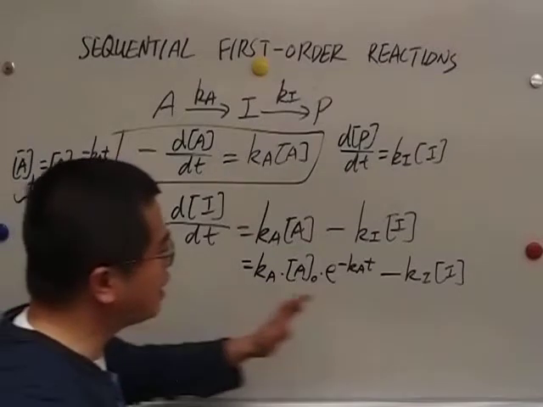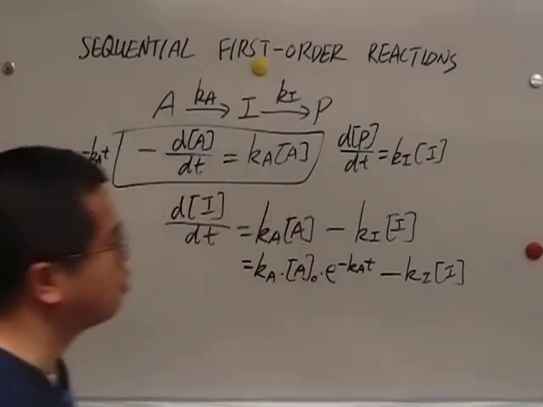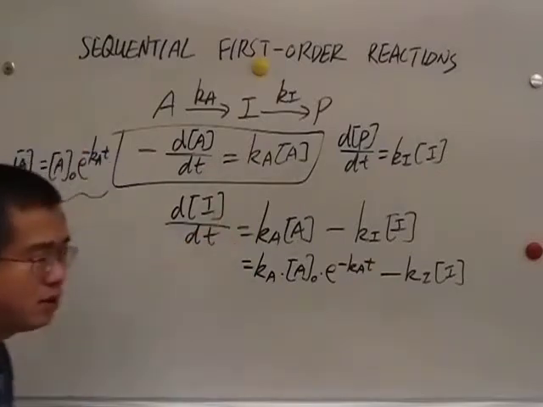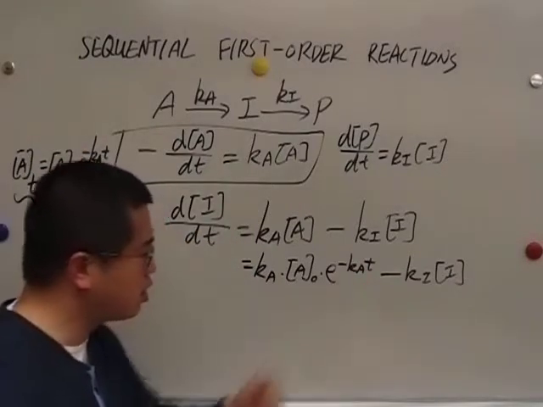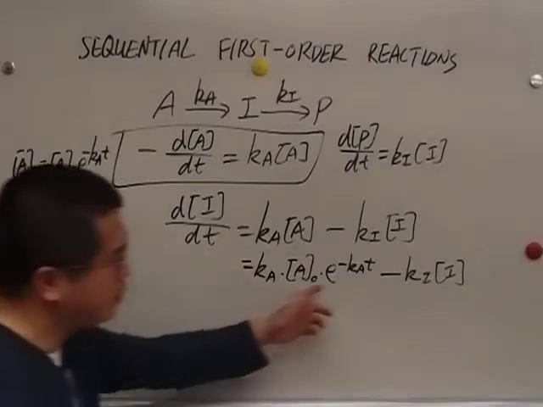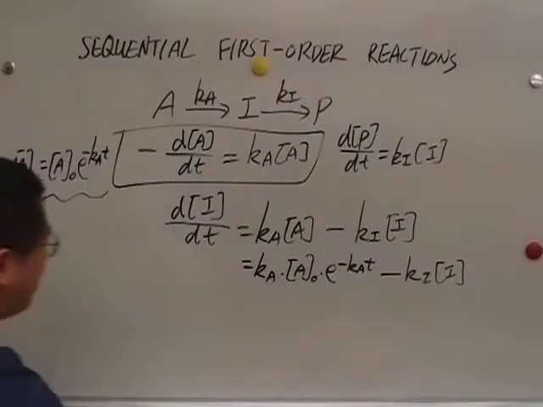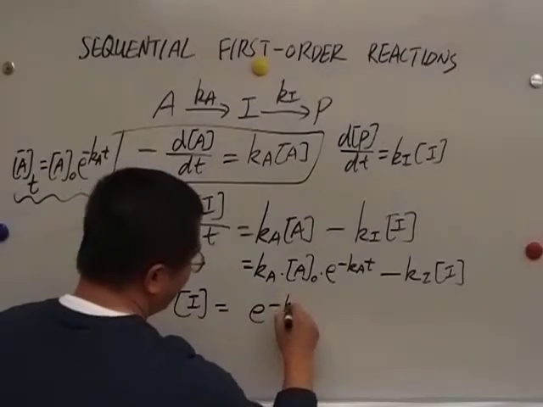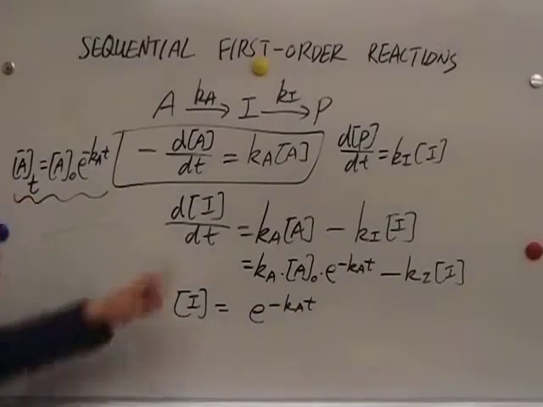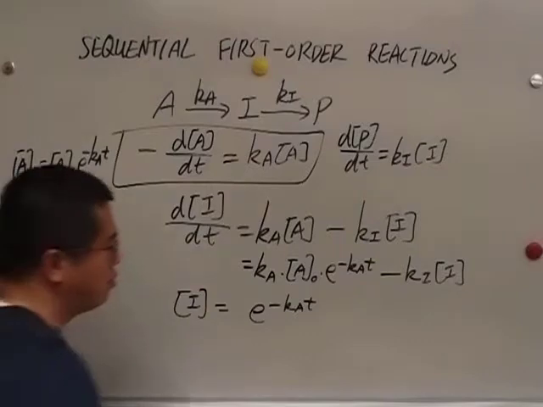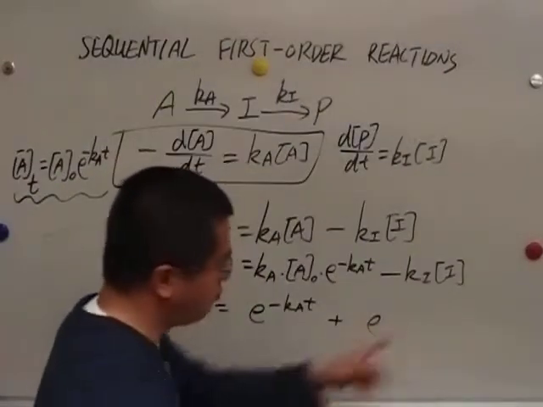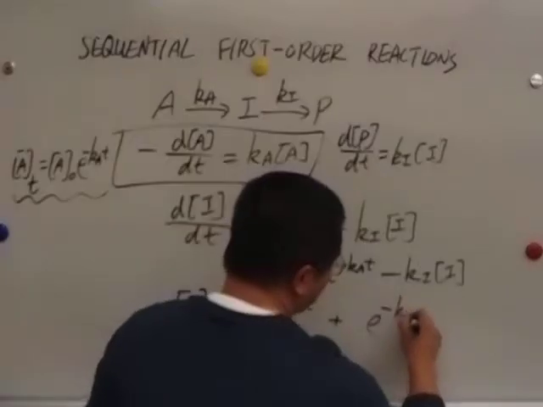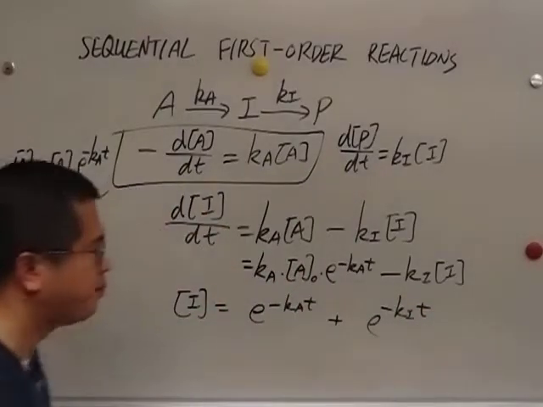And if you are experienced with differential equations, you will realize that this I must contain this exponential function and another exponential function. I'm going to show you both exponential functions here. So I must contain this, and I must contain an exponential function like this.